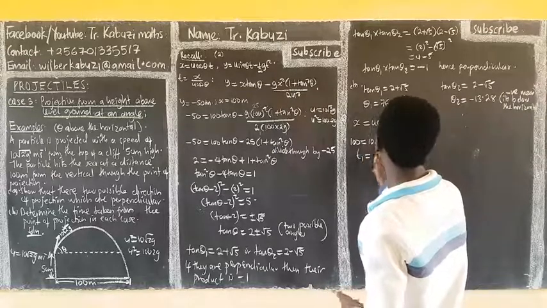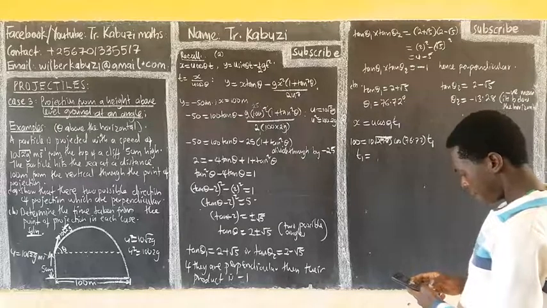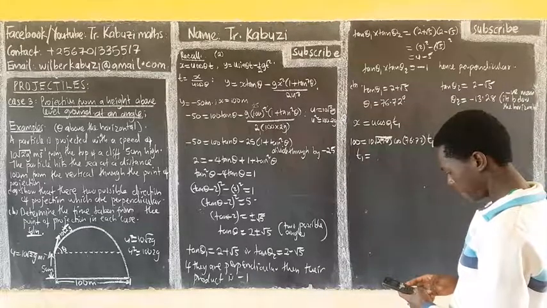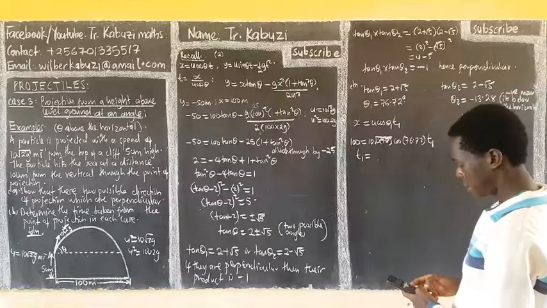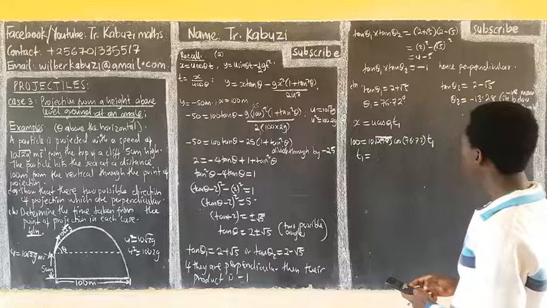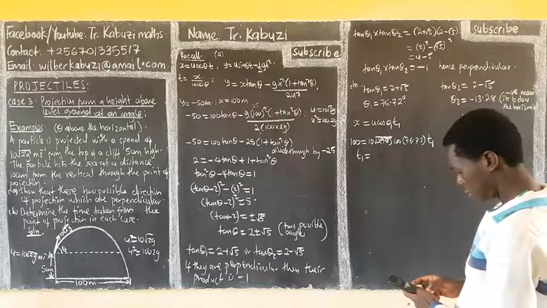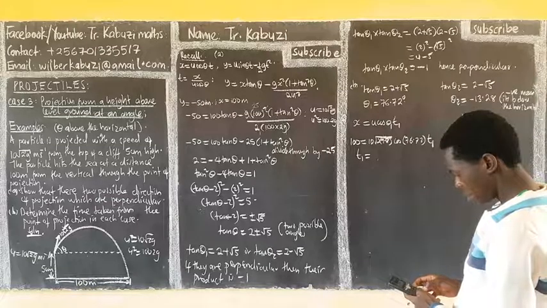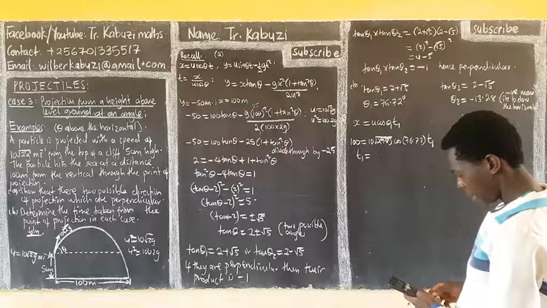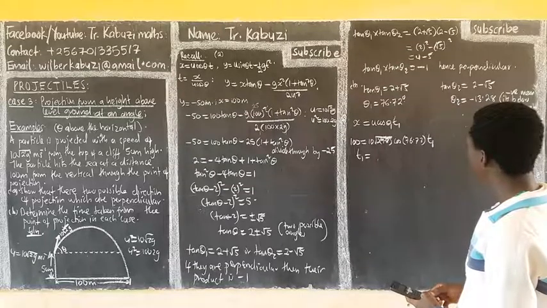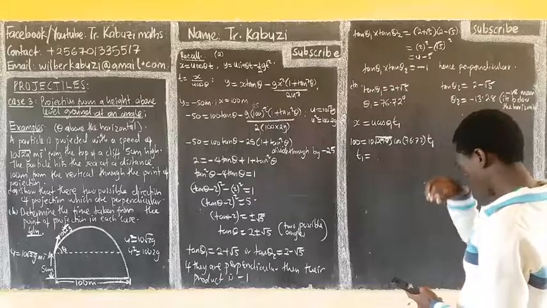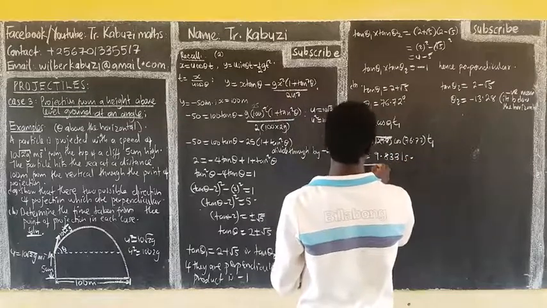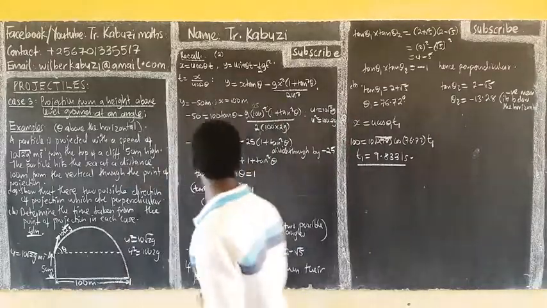So t1 is 100 divided by that, and here I'm getting 9.8331 seconds.